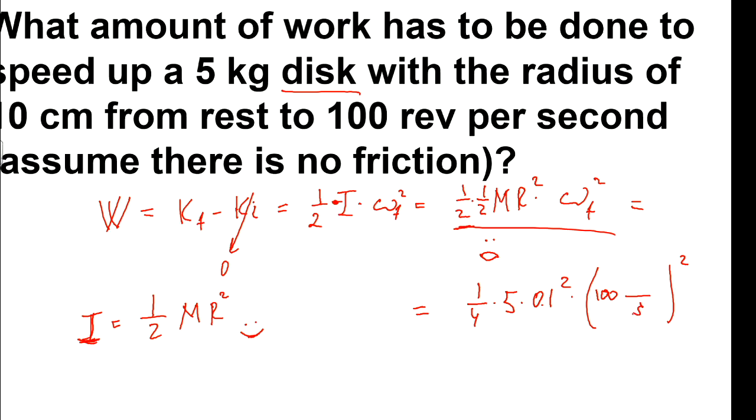So seconds is already a good unit. Revolutions. How do we get from revolutions to radians? 1 revolution is equal to 2 pi radians. Now I just need to take a calculator and calculate this number. What do you expect to have for a unit?